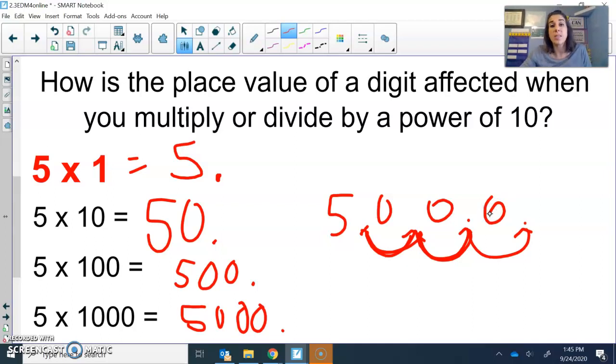The number of place values that the decimal moves is completely related to the number of zeros in the power of 10.